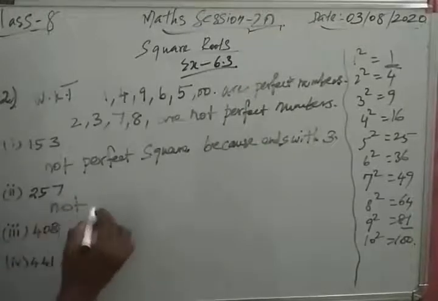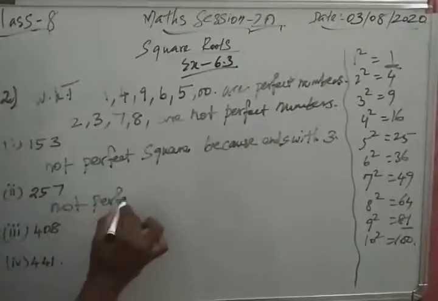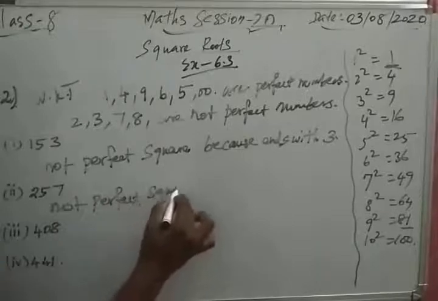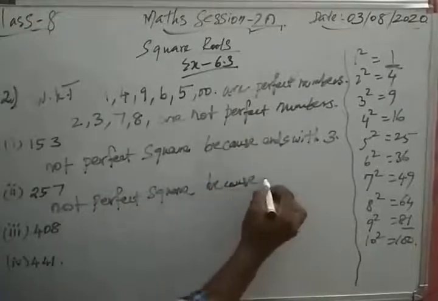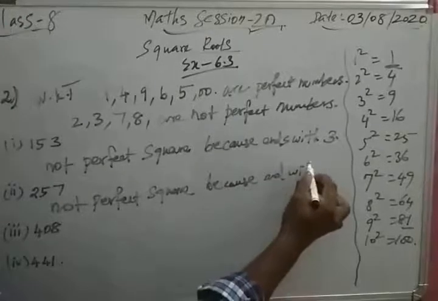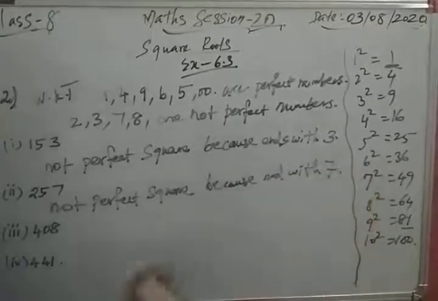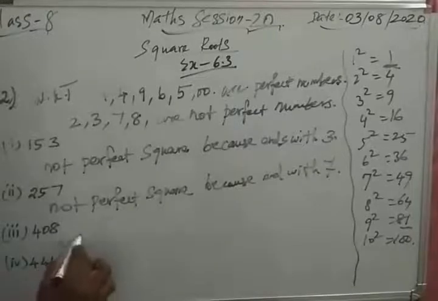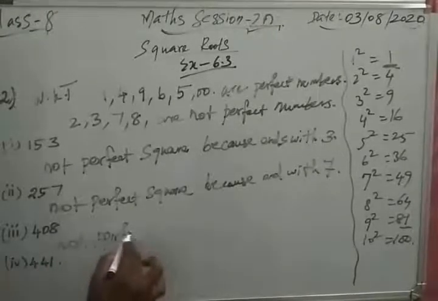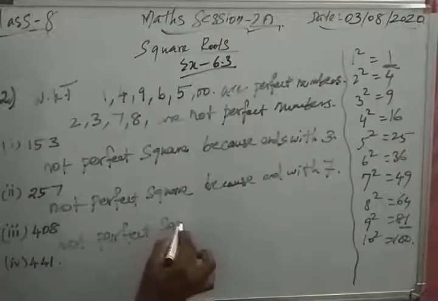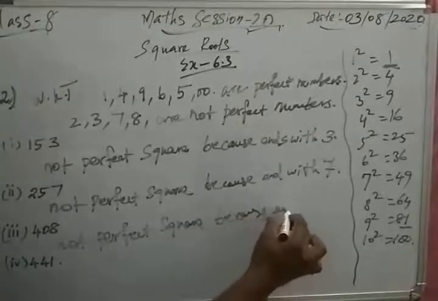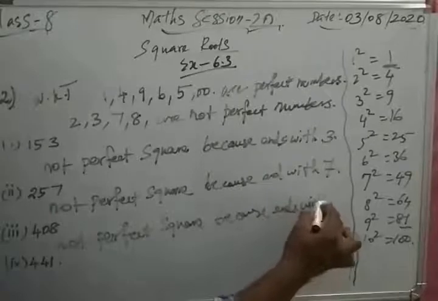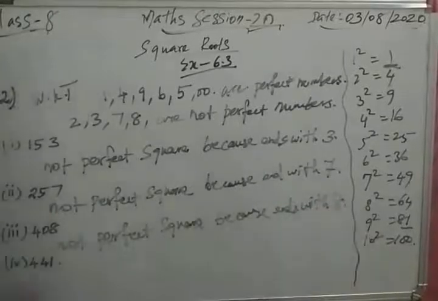Not a perfect square because it ends with 7. 8. Not a perfect square because it ends with 8.